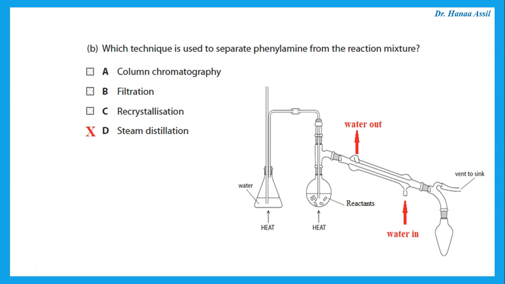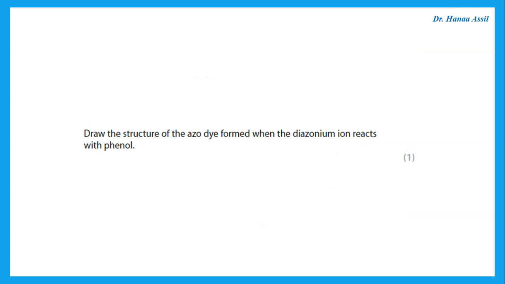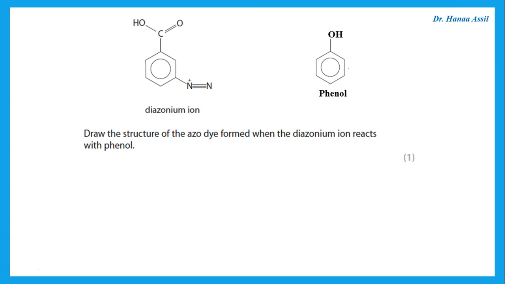This helps to heat the reactants so that they evaporate and then are cooled and condensed in the condenser without their decomposition. So the reactants are not heated to a very high temperature, so that they do not decompose on heat.